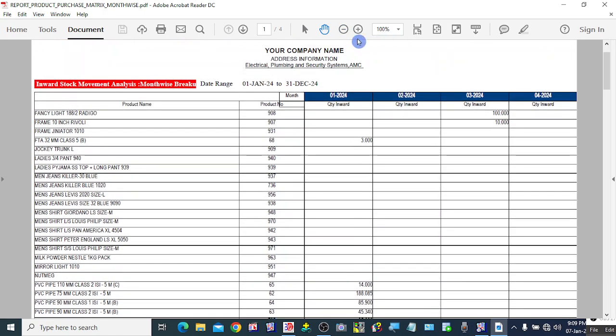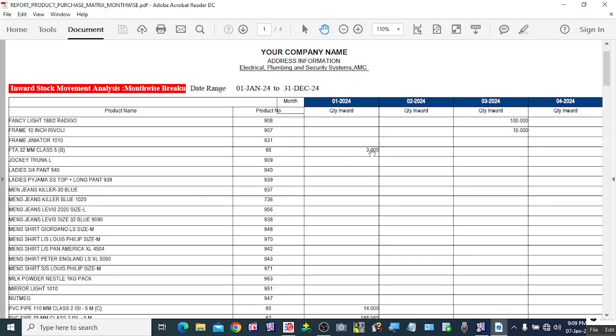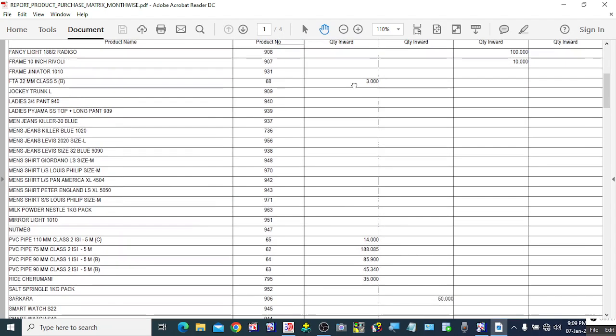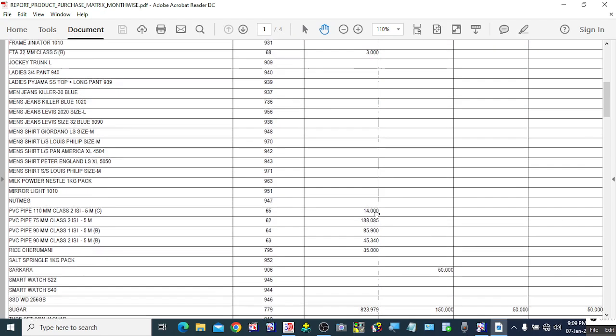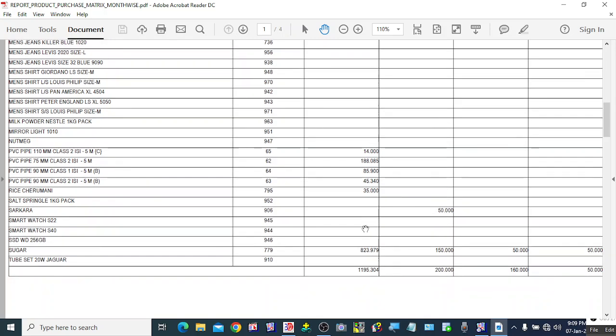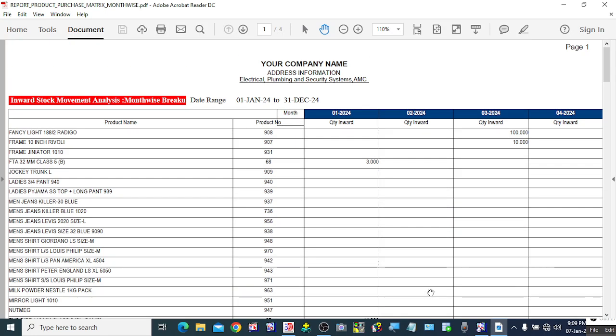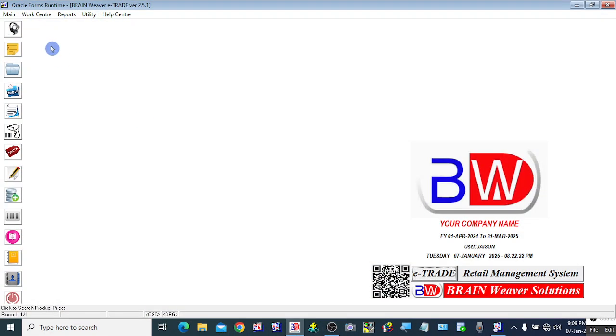For example, in January, we can identify FTA we have purchased 3 numbers, and this PVC pipe 110 mm we have purchased so and so quantity. So in this way, in each month, what items you have purchased and the various quantities, all such information we can generate with the help of this report.